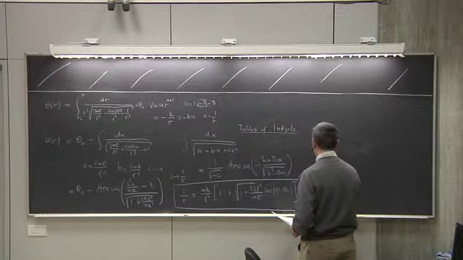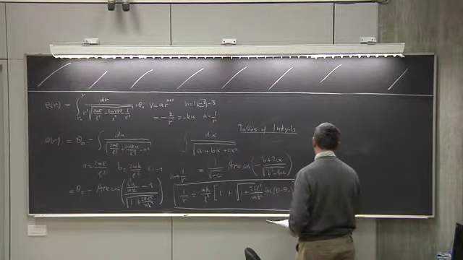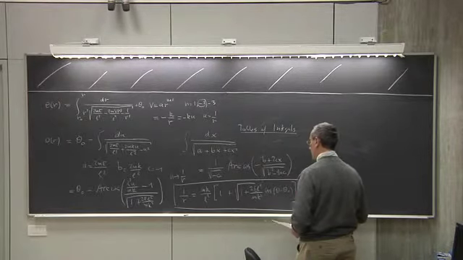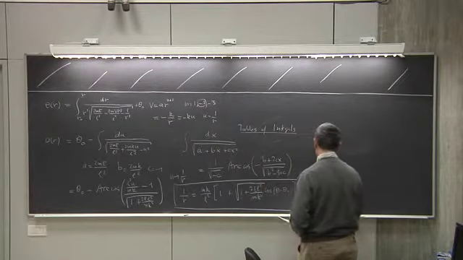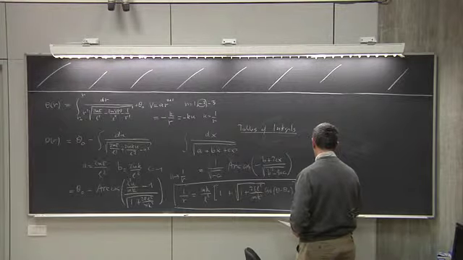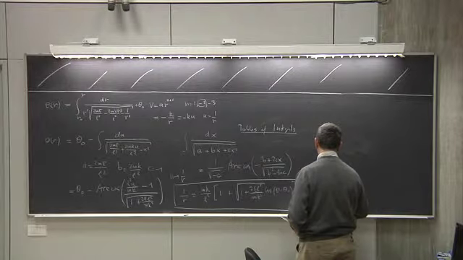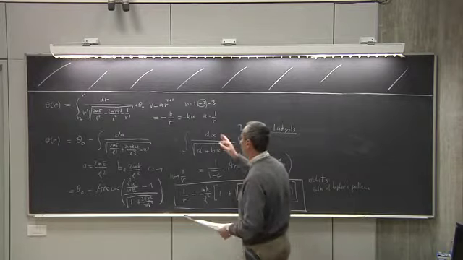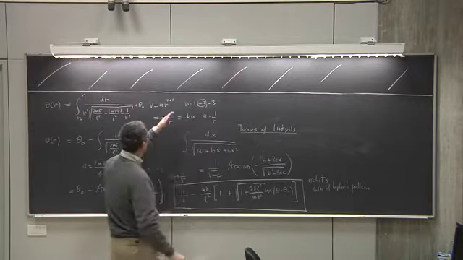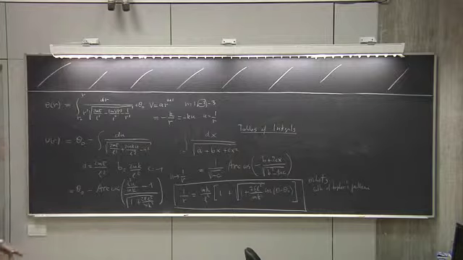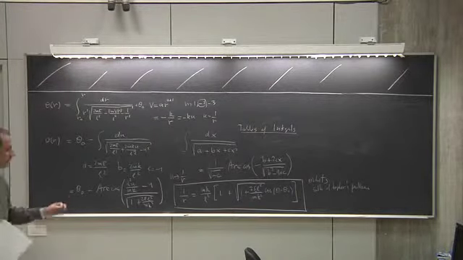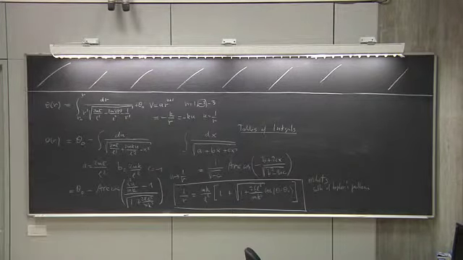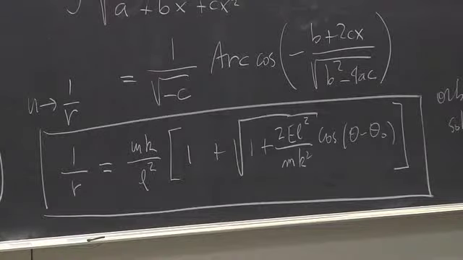This is the orbit, or orbits actually, because you can have all kinds of orbits, as you will see in a second. Solutions of Kepler's problem, that is, the central force given by this very particular potential. Of course, if you take the derivative, it is 1 over r squared, and this is Newton's universal law of gravitation. Okay, so that's the solution.